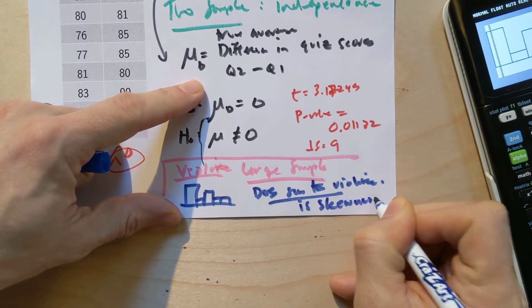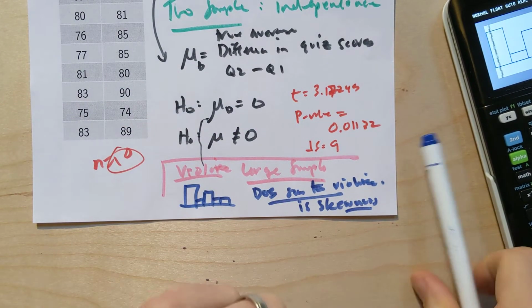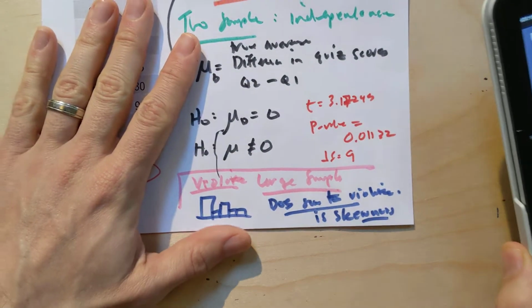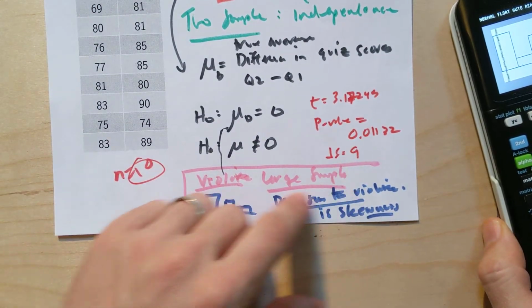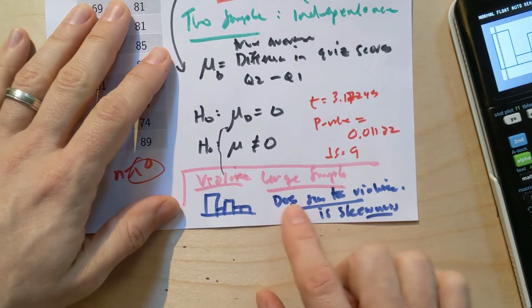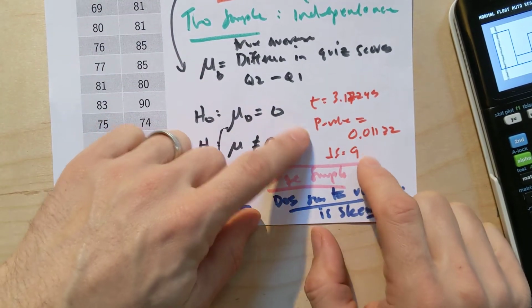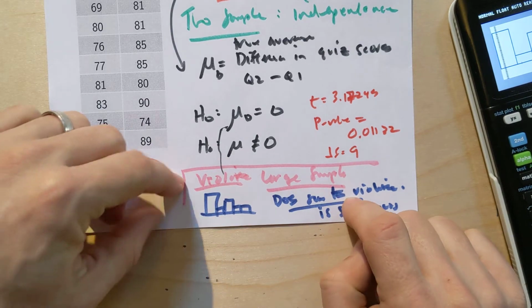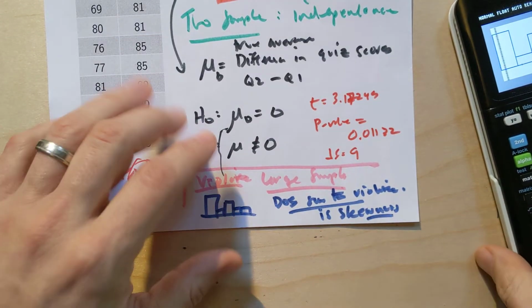And so I might say, since I do see some skewness in my sample, this seems to violate using the T procedure, a T-test. And so maybe I should be cautious about trusting the results. However, I'm going to do it anyways because I like to do math, right?